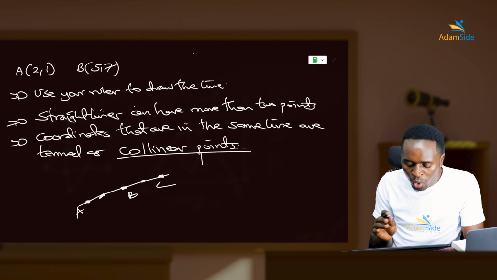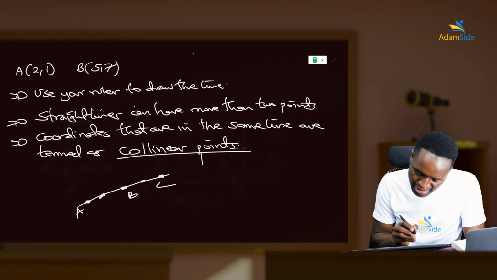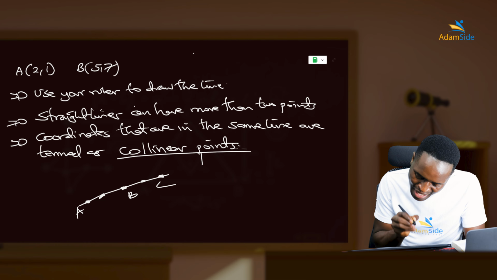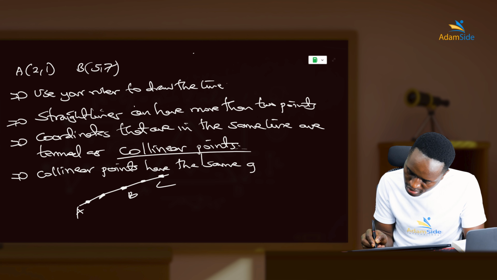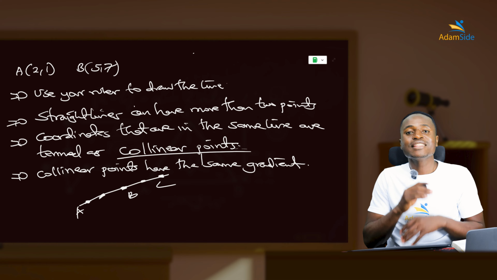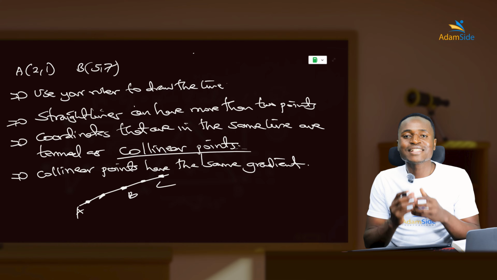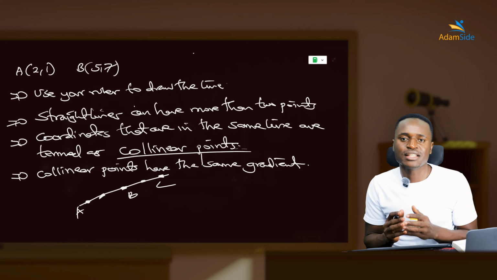Collinear points are points that are in the same line, and all these points have the same gradient. This is what you're supposed to know as an IGCSE candidate.